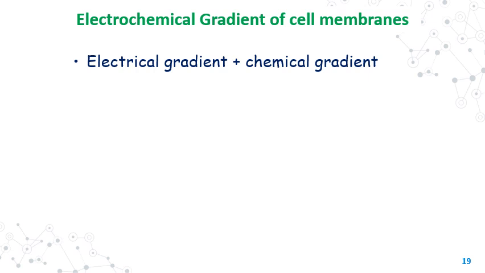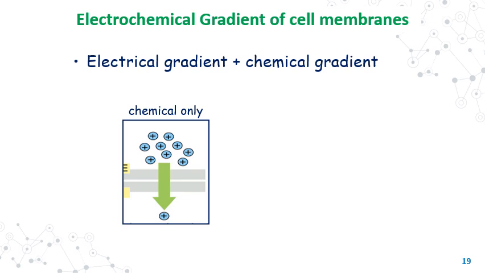So what is going to happen here with this electrochemical gradient, right? We know the sodium-potassium pump is very important at forming the electrochemical gradient, right? And now we need to know what that means. Okay, so when you're talking about an electrochemical gradient, you know there's going to be a chemical part to it, right?